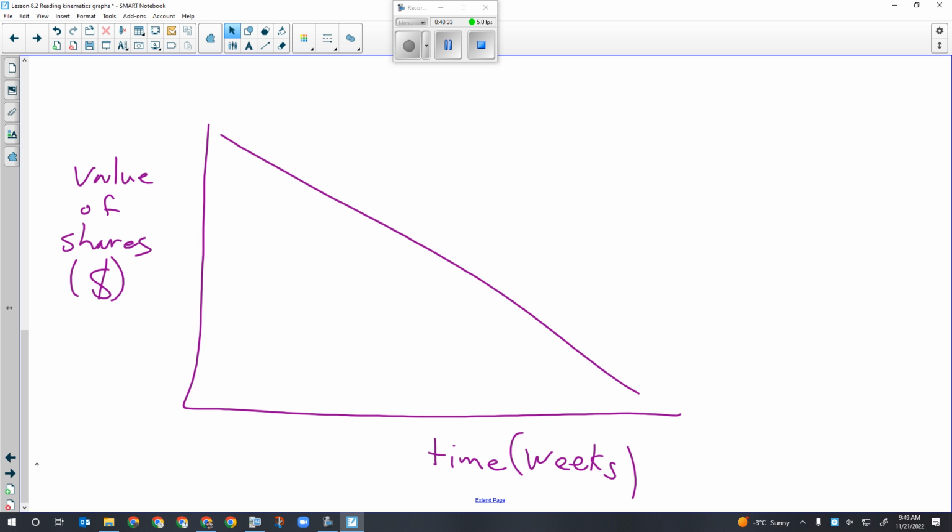Absolutely not. Position and time, which is how I get velocity, are not on this graph. Time is, but the y-axis is the value of shares. Incidentally, don't buy this one.